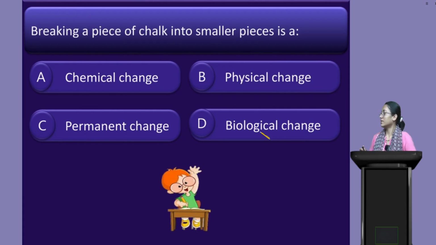Now see, this boy is solving a puzzle. There are various tiny pieces of the puzzle which we have to arrange accordingly to solve that puzzle, isn't it? Every small piece is one constituent particle of that puzzle.